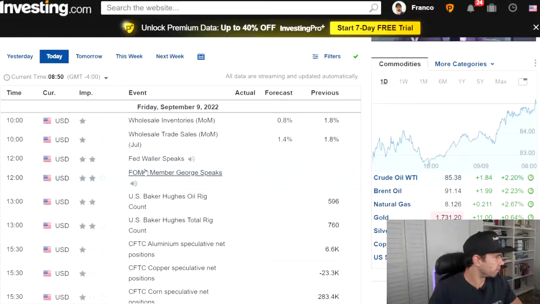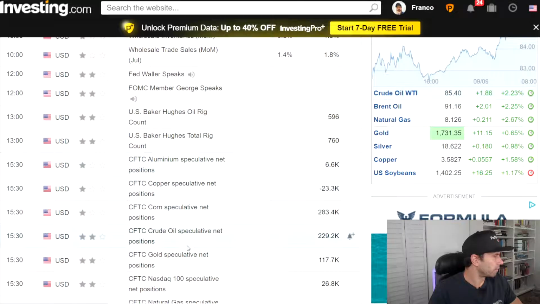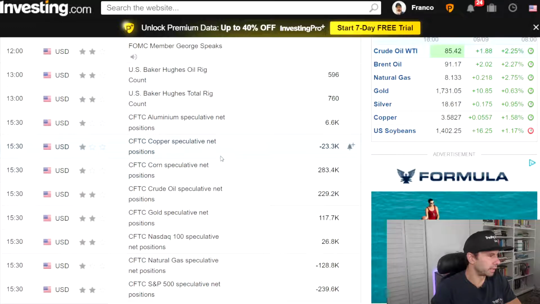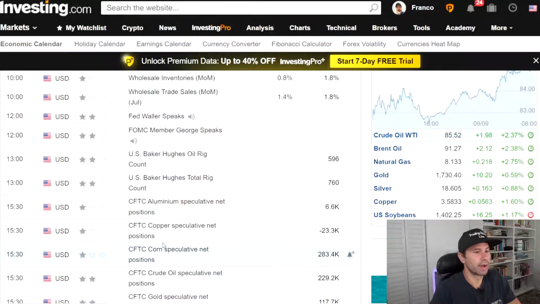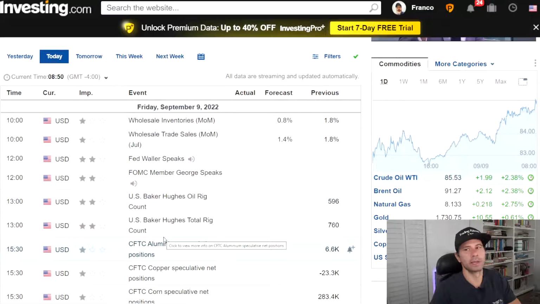And the Commitment of Traders comes out at 3 in the afternoon. The CFTC positions are very, very good to look at. Now, this is very lagging data. It's from last week, up to, I think, Tuesday, but it's good data to have. I certainly check them out every week.